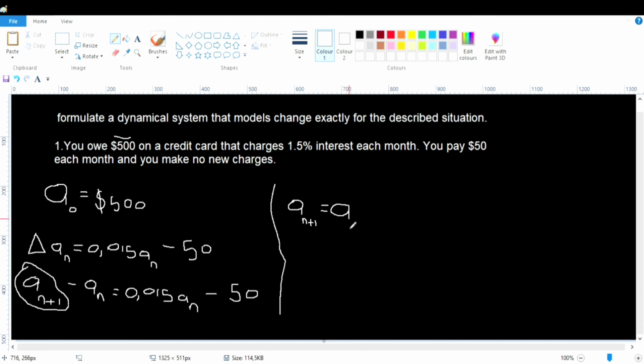So the sign is going to change. So negative is going to be positive. Then plus our interest, which is 0.015 a sub n, and minus $50.